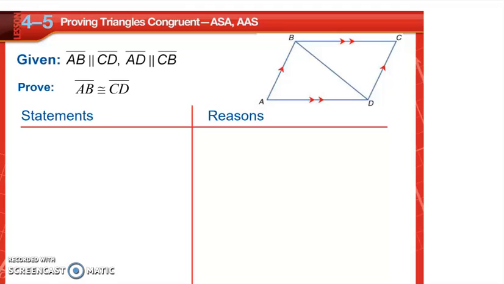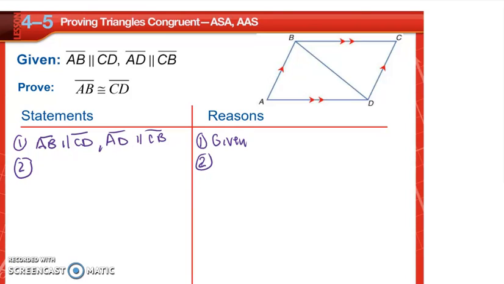This one, given. I'm going to put it in there. And all right, this last one, I put the given in here. And then we know that BD is congruent to BD. Remember what that is? That's reflexive.